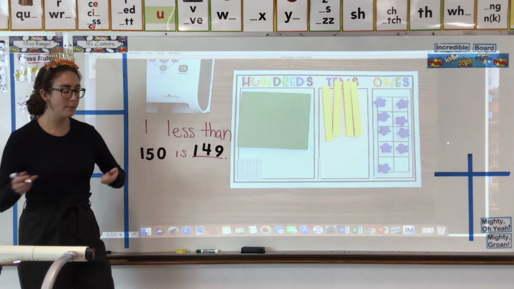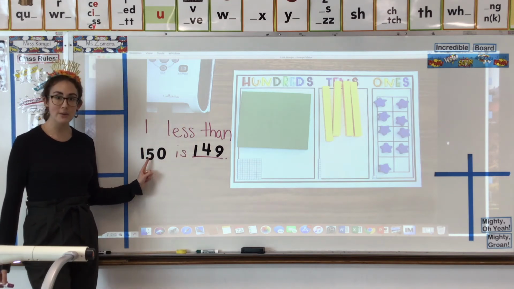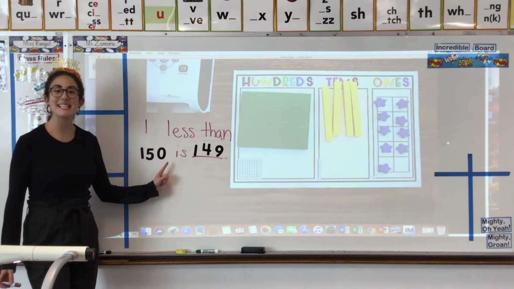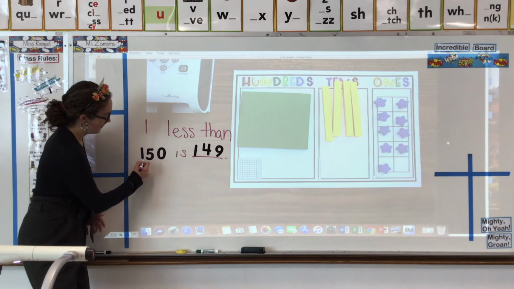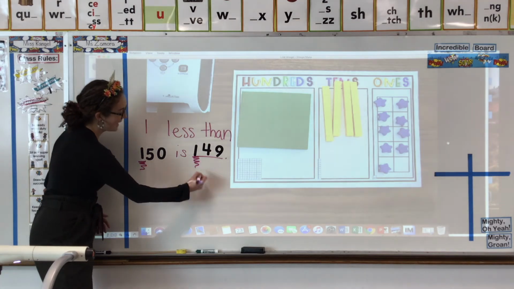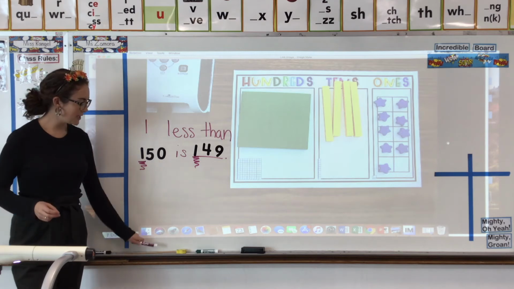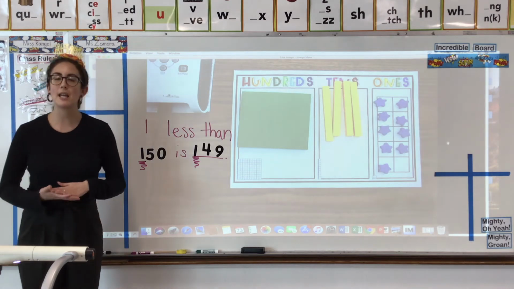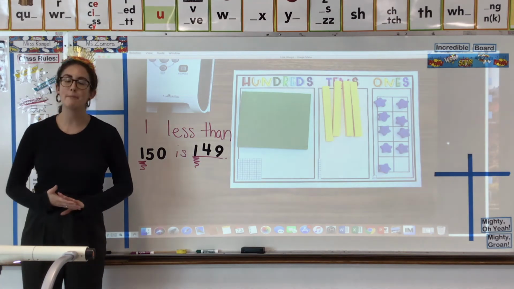So in this problem, we just had to take 1 of a larger unit and turn it into 10 of a smaller unit in order to subtract. And our hundreds place stayed the same. It didn't need to change because all we were doing was taking away 1. So only part of our number was changing.